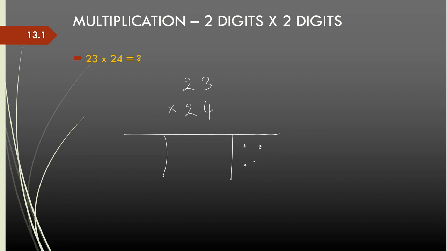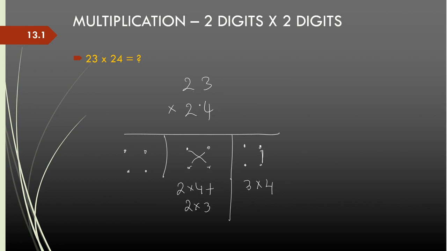And then I will use a pattern. Let's say the dots represent the two numbers. Come to the pattern in a moment. Now the rightmost part is always the product of the rightmost digits. In this case, it will be 3 into 4. The middle part is the sum of the product crisscross, which will be in this case 2 into 4 plus 2 into 3.